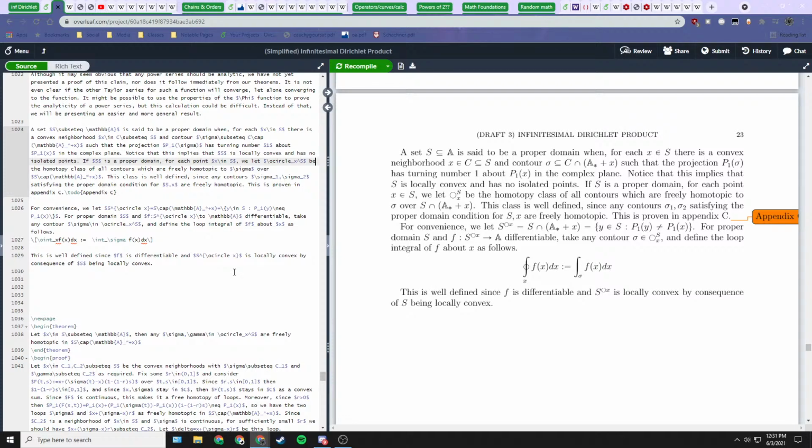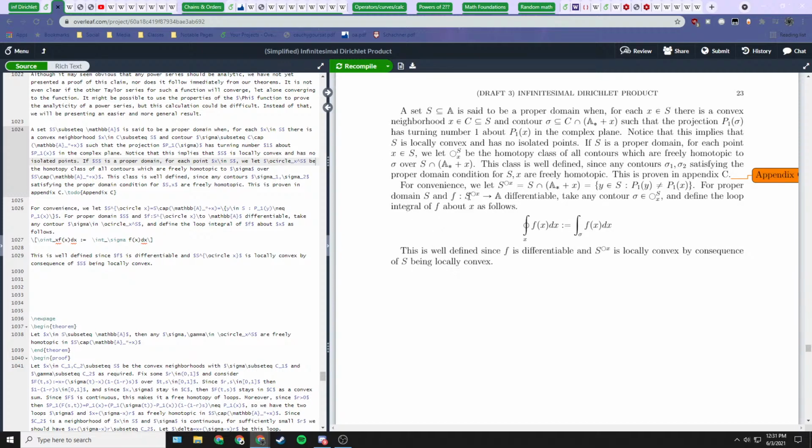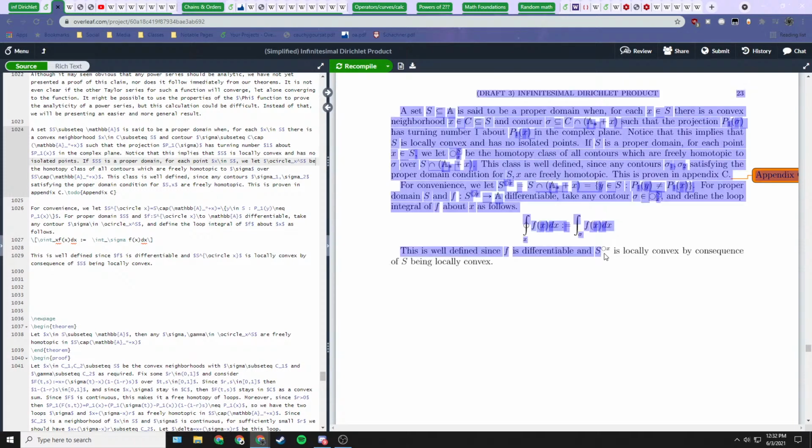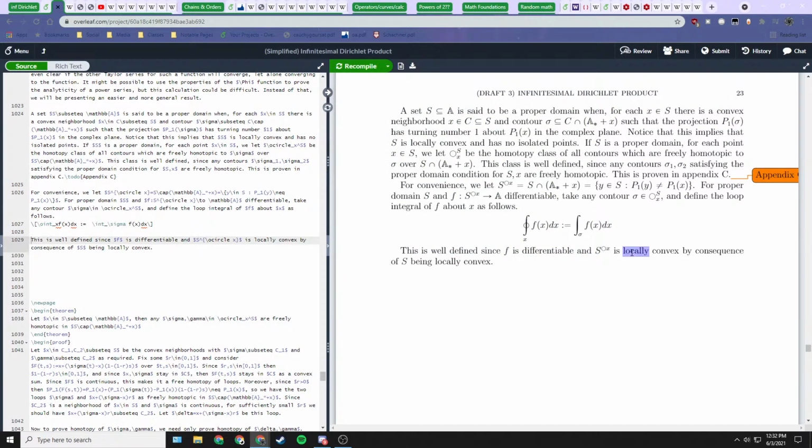Okay, so S circle x is this punctured neighborhood for a proper domain S, and f is differentiable on this punctured neighborhood. Take any contour sigma in this homotopy class and define the loop integral of f about x as follows. This is well defined since f is differentiable and S punctured through x is locally convex by consequence of S being locally convex.